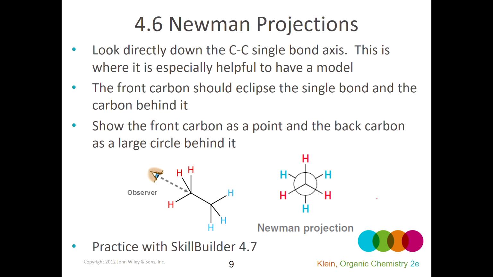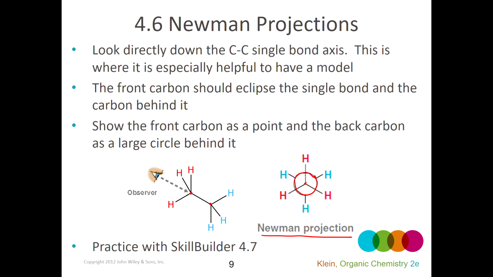So typically when we draw an organic chemistry structure, we put the carbons in the same plane as the screen. But when we draw a Newman projection, sometimes there are certain concepts that are easier to see if we take one of the carbons and bring it out in front of the screen so it's eclipsing the other carbon behind it, which is what the circle is meant to represent.